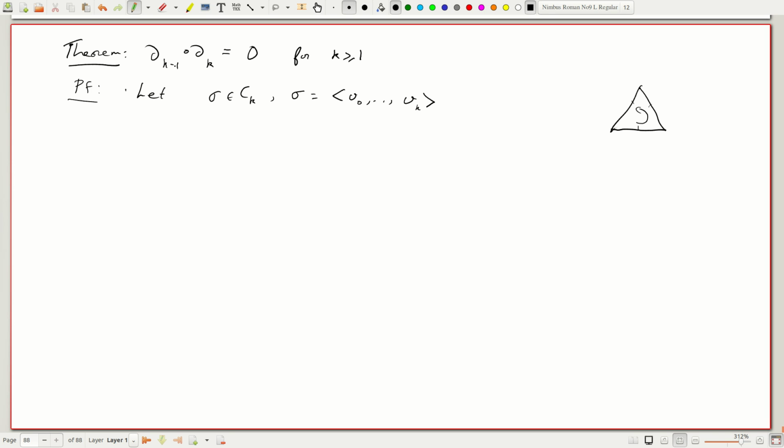So it's enough to show that the boundary of these is 0. Okay, so let's look at del k minus 1 composed with del k of sigma, which is del k minus 1 acting on the sum i is 0 to k of minus 1 to the i, and we have V0, Vi deleted, and Vk.